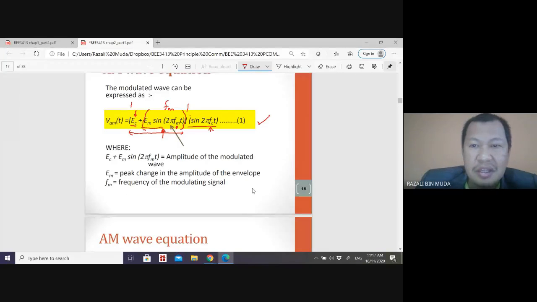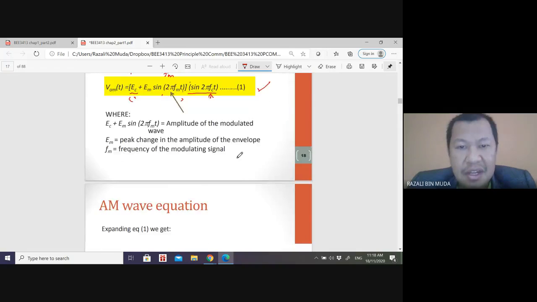Okay, this equation, right? You can see that this one plus ni darab dengan ni kan? Darab dengan ni. Tambah dengan ni. Darab dengan ni. Okay, matematik lah.